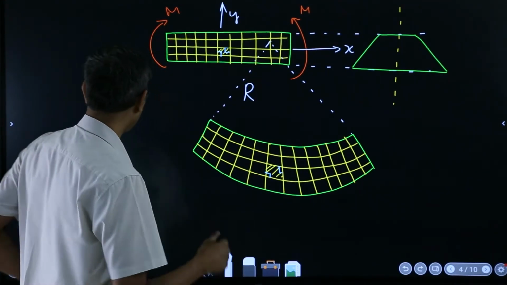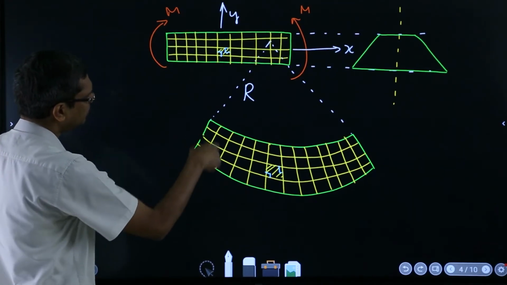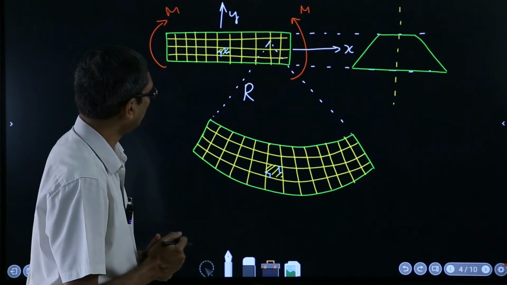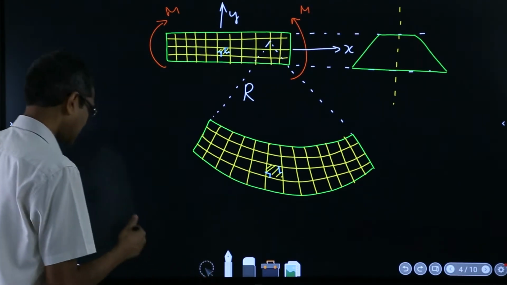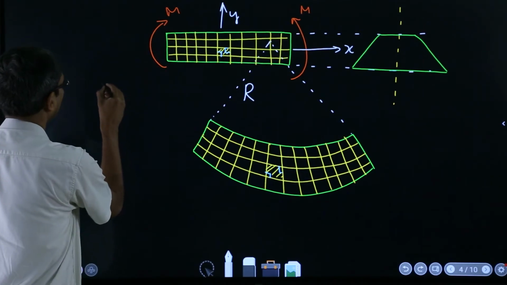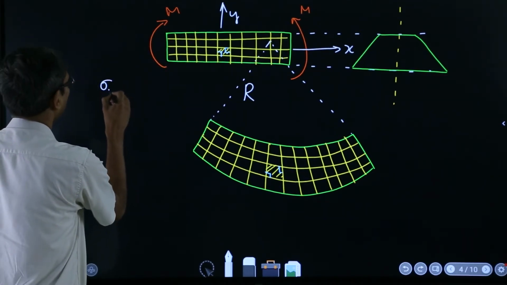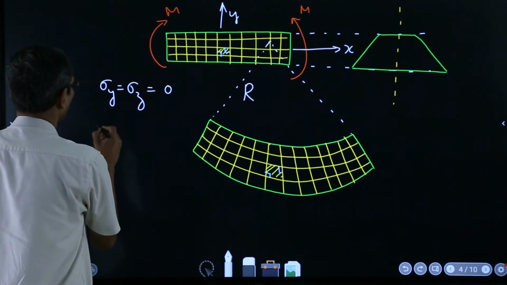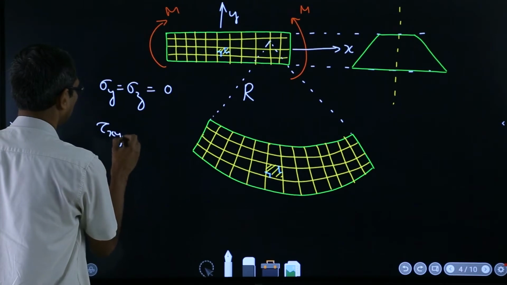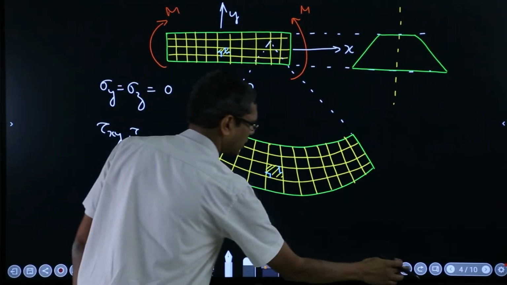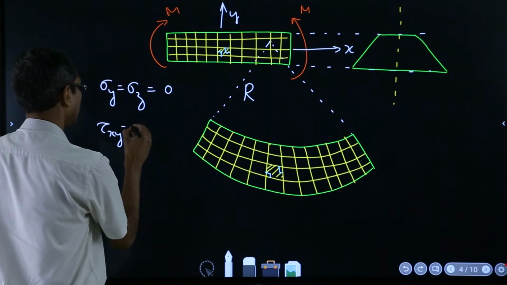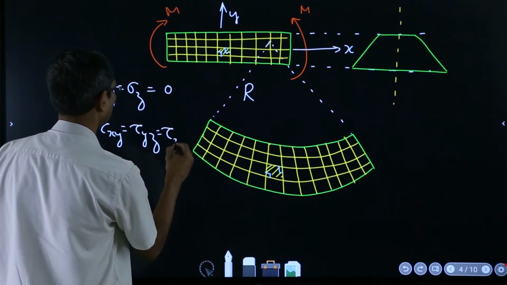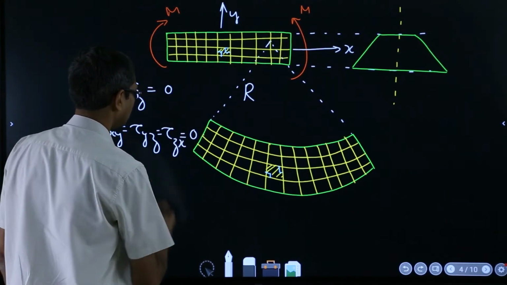So that means, because of this kind of deformation condition, we have a situation like this: sigma y and sigma z are 0, plus all these tau xy, tau yz and tau zx are 0.